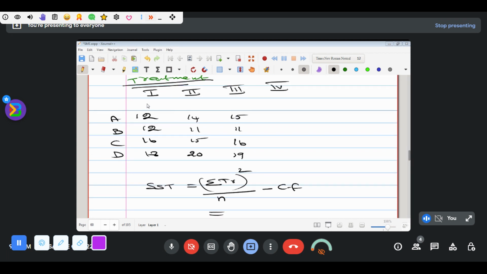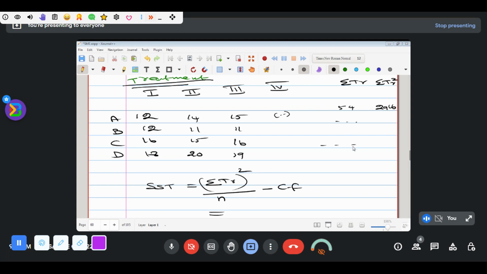Separately, you add the sum of squares and complete it. For example, the first treatment total 54 squared is 2916.